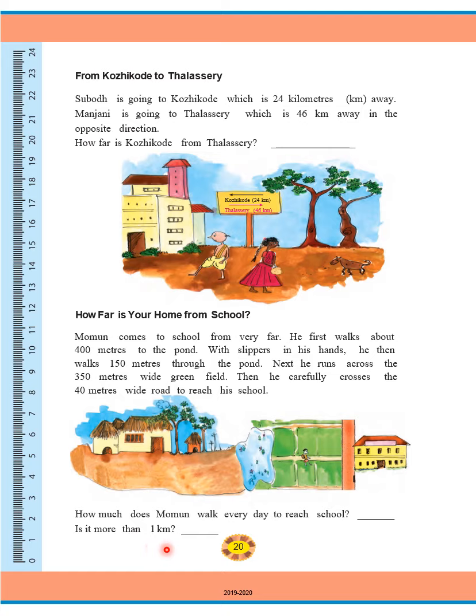Is it more than 1 kilometer? No. Why? Because 1 kilometer is equal to 1000 meters, and it is less than 1 kilometer because Momun walks 940 meters every day to reach school.